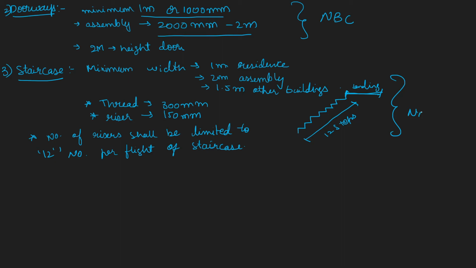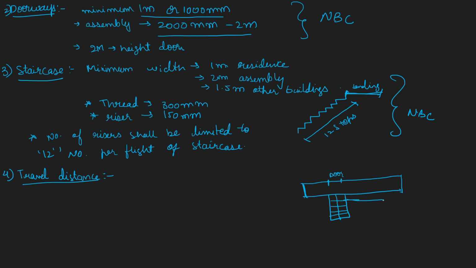This is about staircase. These are standards from NBC. Next, we'll discuss travel distance. Consider this is your corridor or lobby. If this is your staircase or exit door, the maximum distance should be restricted to 30 meters, not more than that, so that occupants can run easily with minimum distance. So maximum travel distance for exit shall be 30 meters.